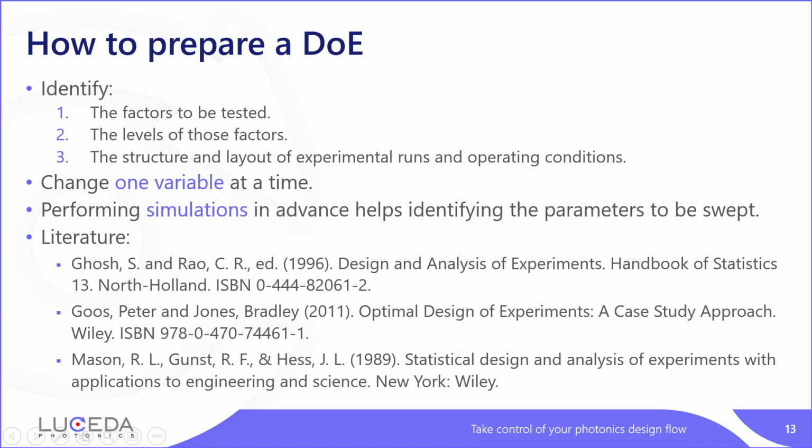And thirdly, the structure and layout of the experimental runs and the operating conditions. And of course, we need to change one variable at a time for each DOE. We would also want to perform some simulation in advance to help identify the parameters to be swept. And now here's a list of literature which helps you to prepare for DOE.